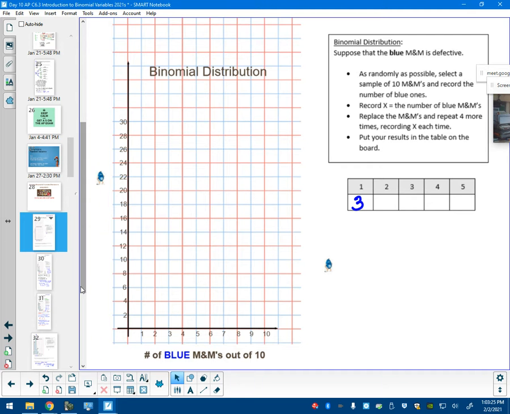And you don't want to look at what you're pulling out. Oh, got to put them back in first.